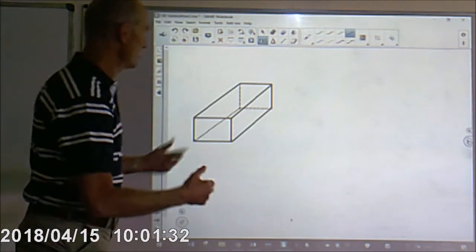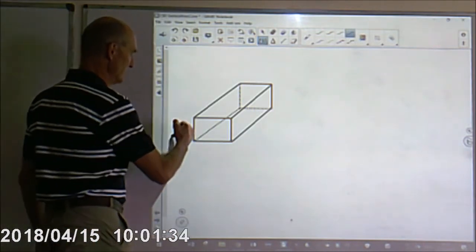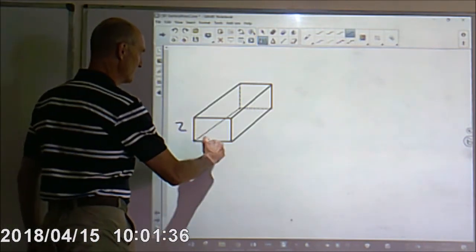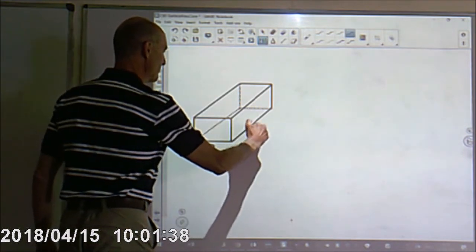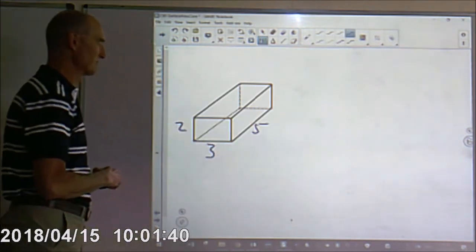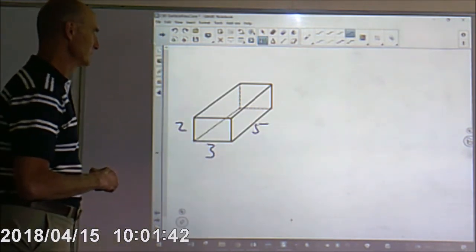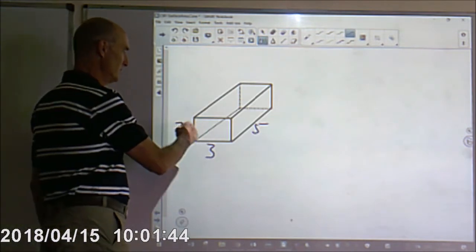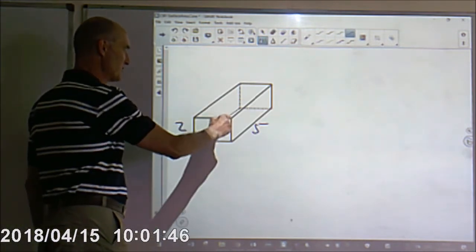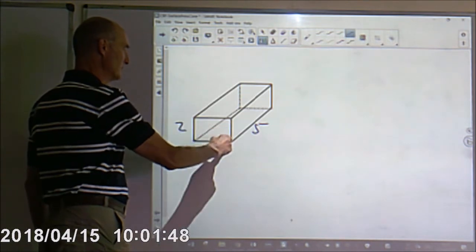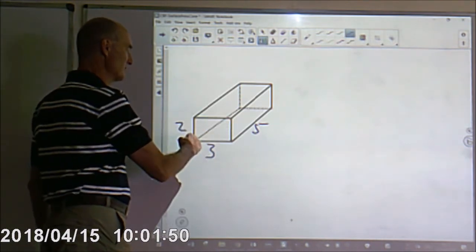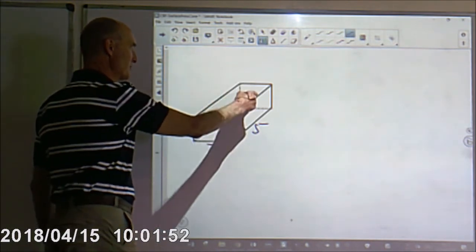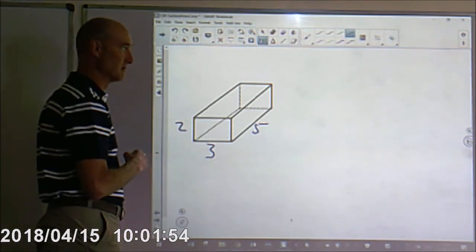So let's just put some numbers in here. That's 2 centimetres, 3 centimetres and 5 centimetres the length. What have we got? We've got 2 times 3 to give us the surface area of that rectangle at the end. That's also going to be the surface area of the rectangle at the other end.